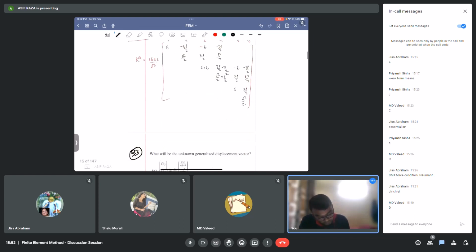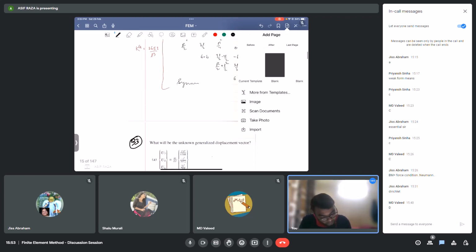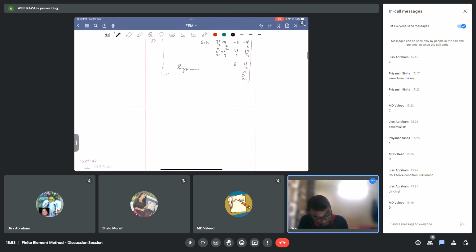Symmetric, with zeros here. Simplifying it, we will get 4 EI upon L cubed.